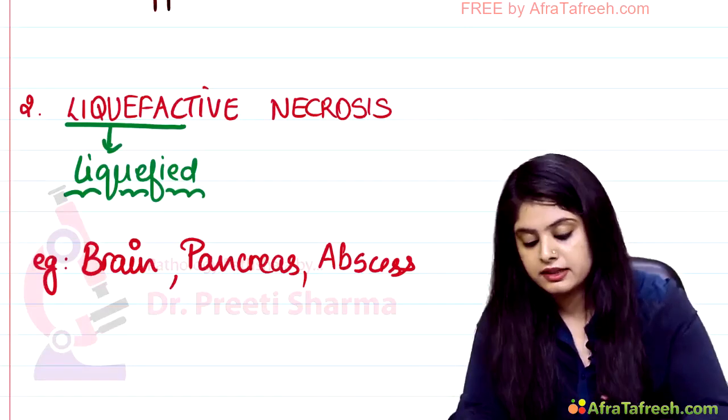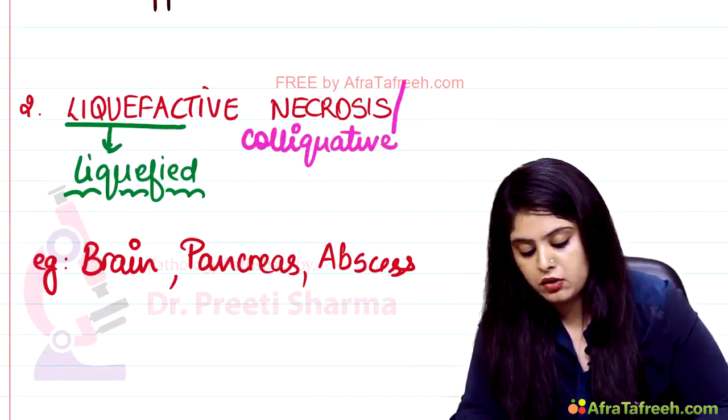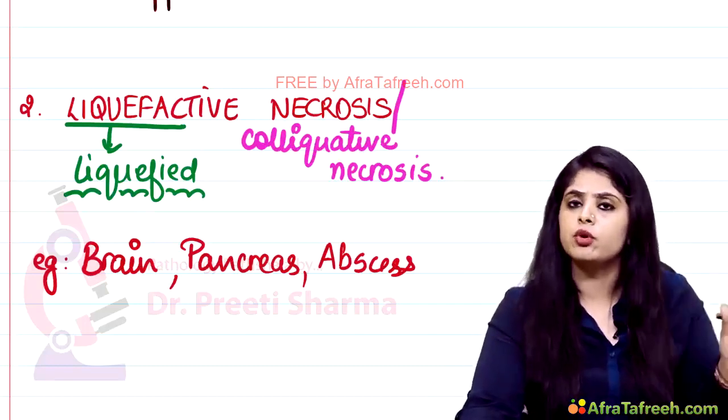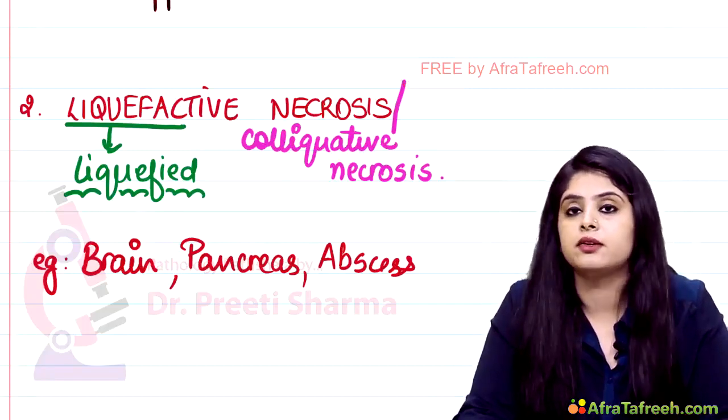Now remember, there is another term that is being used nowadays for this. Liquefactive necrosis is also known as colliquative necrosis. Liquefactive gives you more of a hint, so the examiner will give you a tougher term, that is colliquative necrosis.